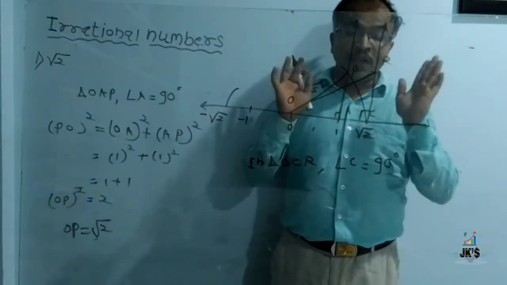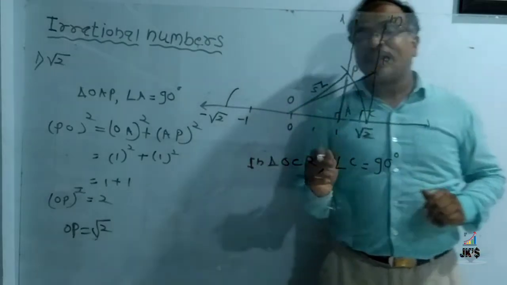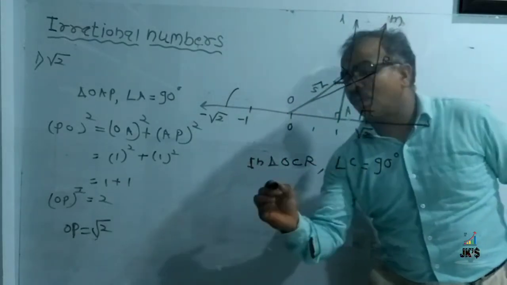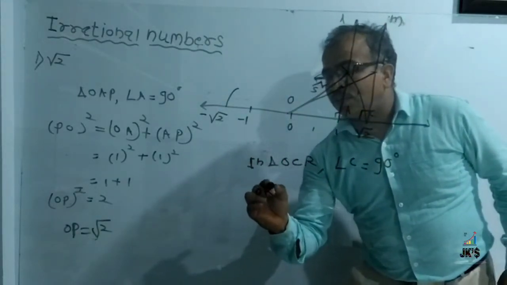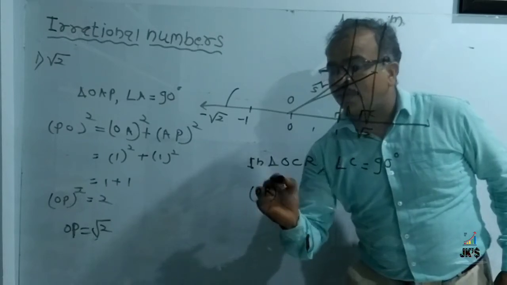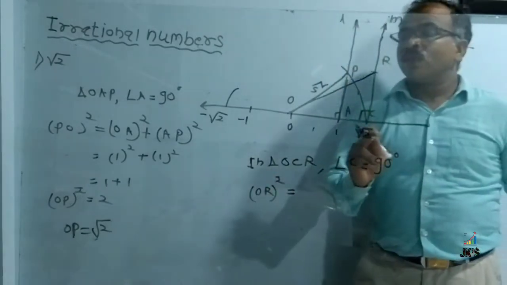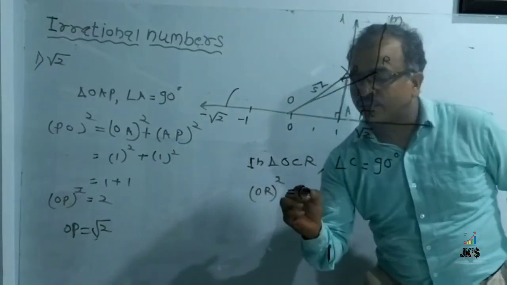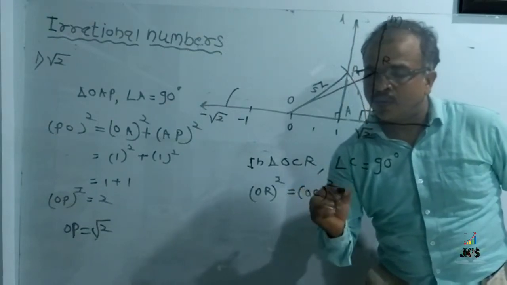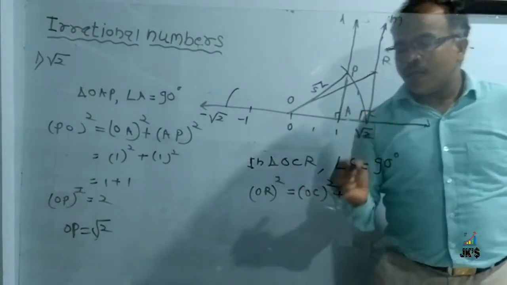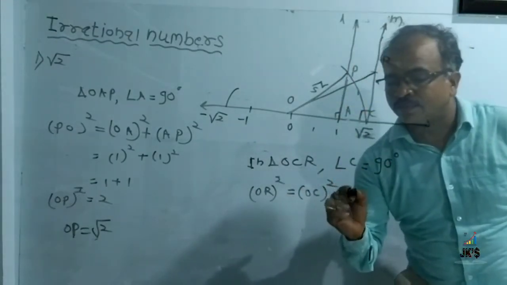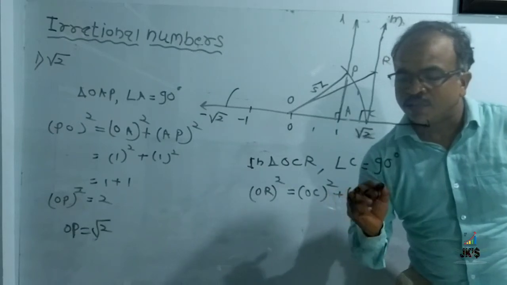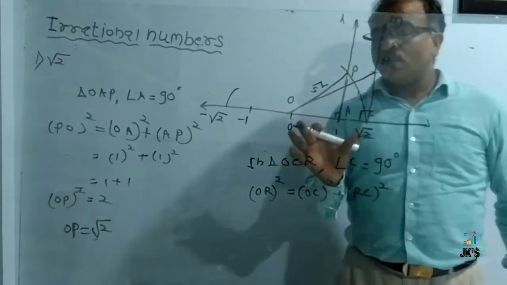By Pythagoras theorem, OR square, meaning hypotenuse square, equals OC square plus RC square, where these are the perpendicular sides, OC and RC.